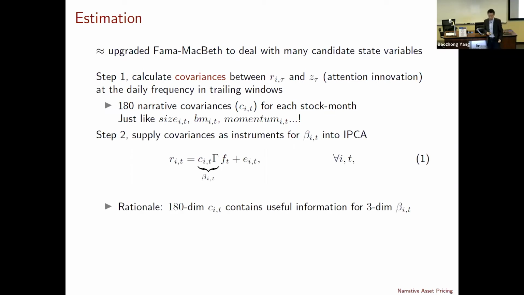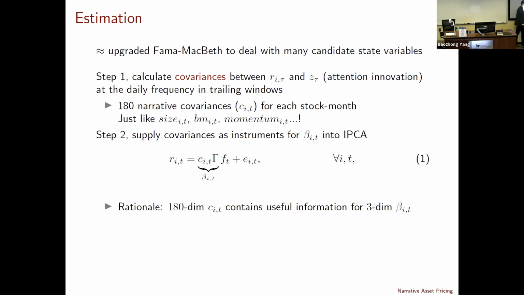We use IPCA to use the narrative covariance information. So for step 2, I'm going to supply these covariances as instruments for betas, the stock's risk exposure. Beta is 3-dimensional, and I use IPCA to estimate this link. The rationale is that these 180 narrative covariances contain useful information about the stock's risk exposure.